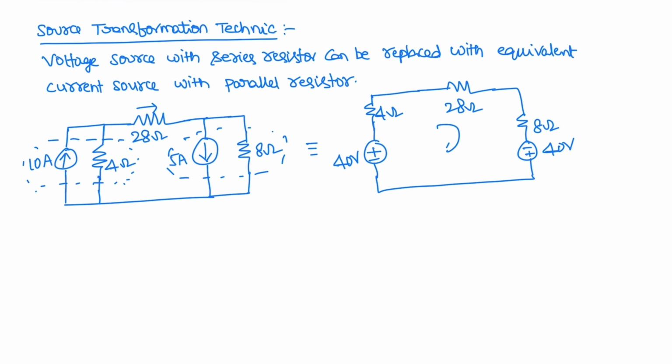Now apply KVL in the loop. So with current I, that is 40 volts plus 40 volts minus 4I minus 28I minus 8I is 0. So 80 volts is equal to 40 times the current. Total resistance is 40.